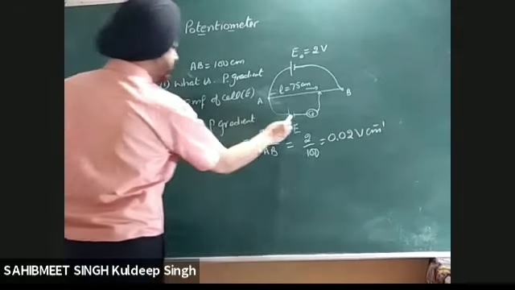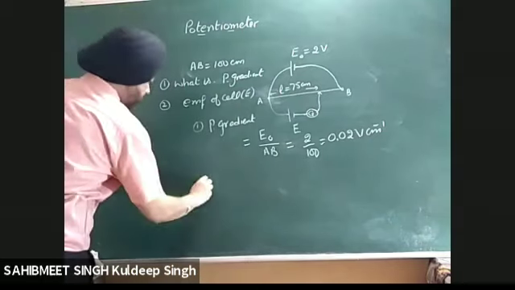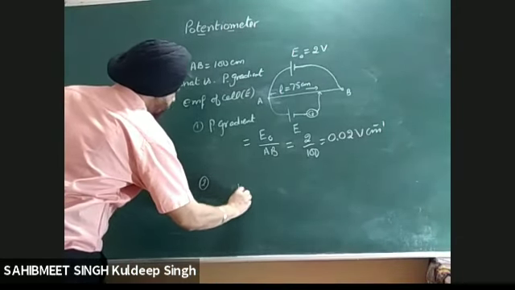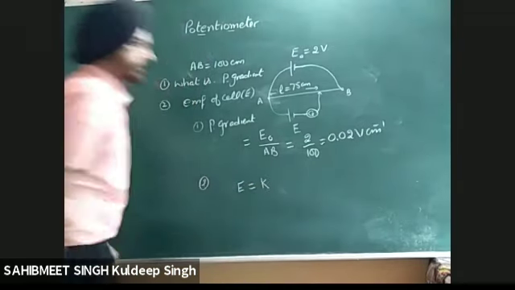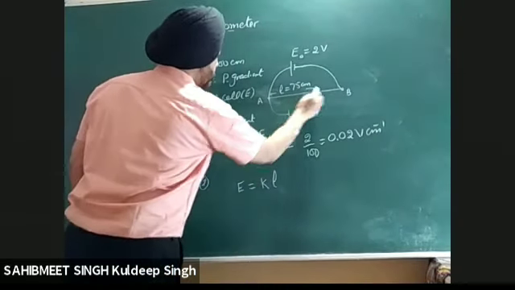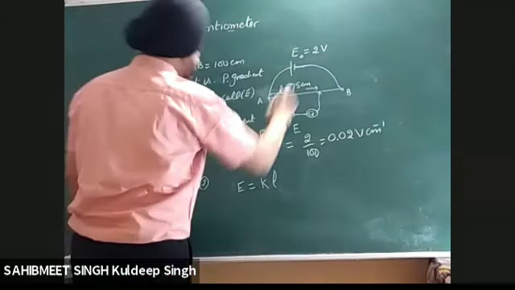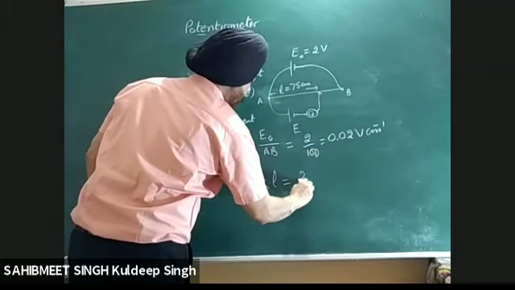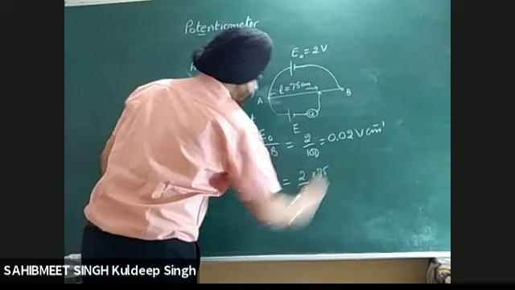Now the cell is balanced across 75 centimeter. Therefore, as per the previous numerical we did, the EMF of the cell is equal to the potential gradient, say K, multiplied by the length about which the cell is balanced. It is balanced at 75 centimeter. So I will put here the potential gradient, that is 2 by 100, multiplied by 75 centimeter.